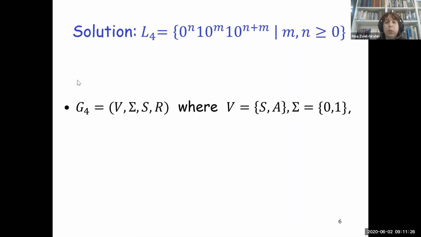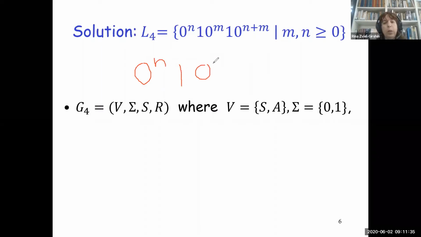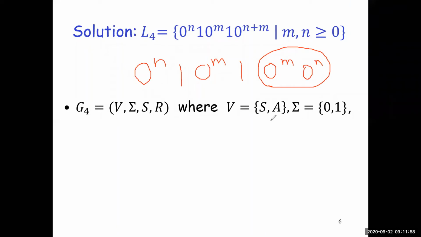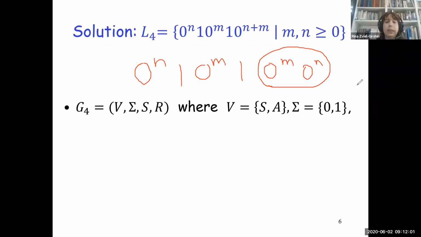Before you start your solution, I advise you to rewrite this language as 0 in power of n, 1, 0 in power of m, 1, 0 in power of m, 0 in power of n. Does everyone understand that here I have 0 in power of n plus m in the last part? So when you rewrite this language like this, it will be easier for you to find the solution.